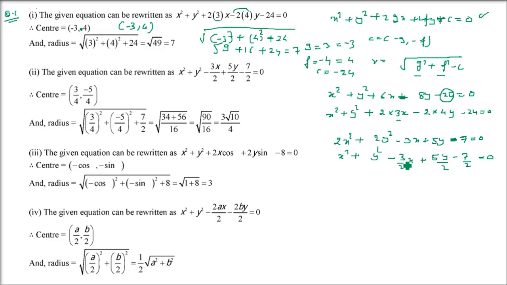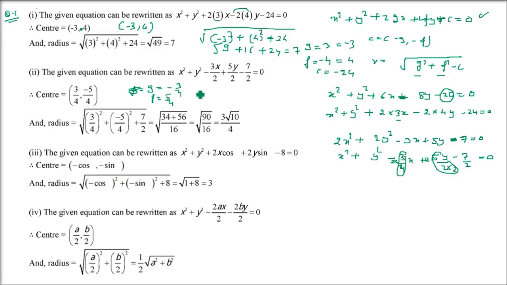Now you need 2gx here, so you need a 2 here. So multiply by 2, and you have to divide by 2 also. So g is minus 3 by 4. Coming to f, if I want a 2, I multiply by 2 and divide by 2, so f has become 5 by 4.